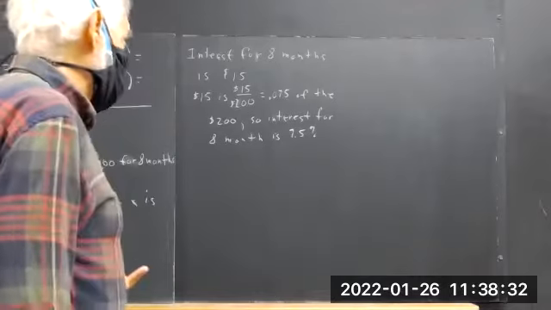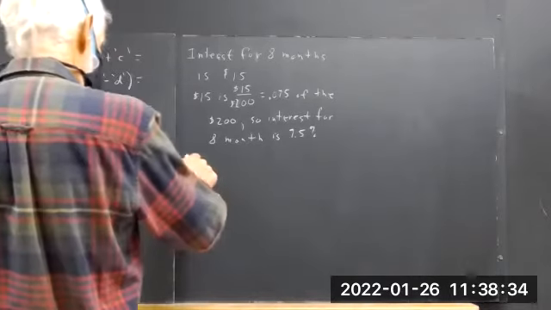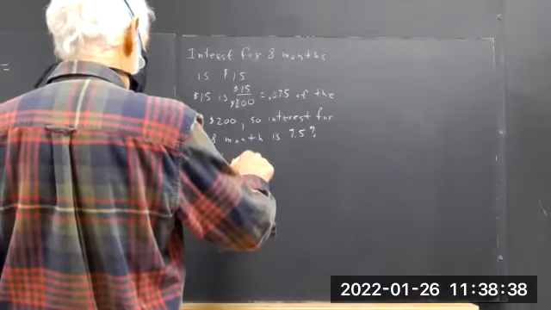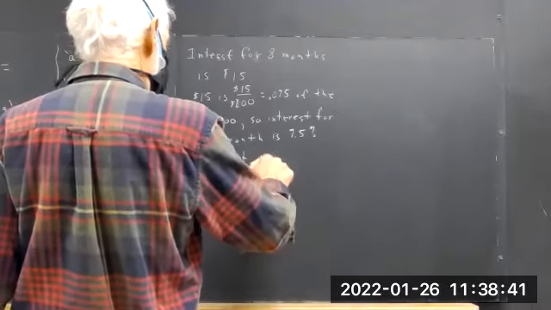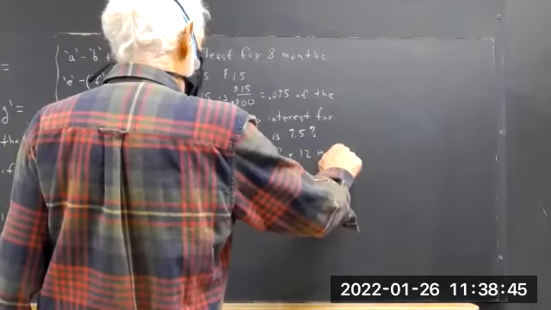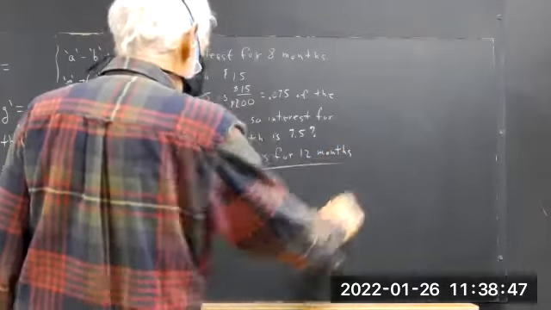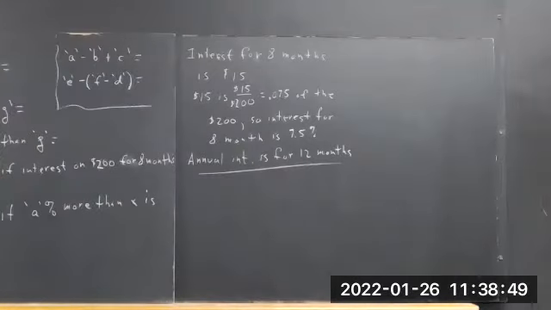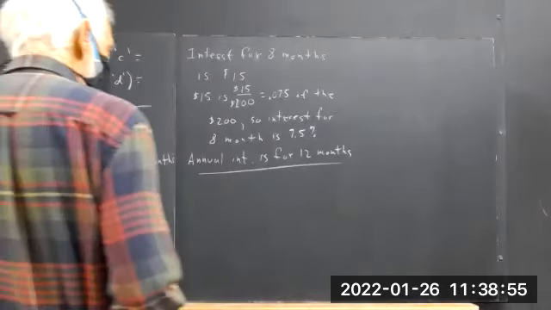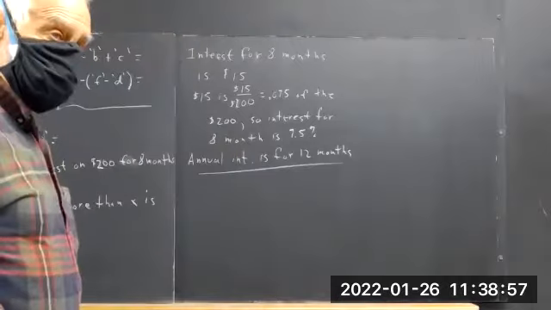Okay. Now you want the annual interest. Annual interest for 12 months. Now, if the interest for 8 months is 7.5%, there are 2 ways you can do this.